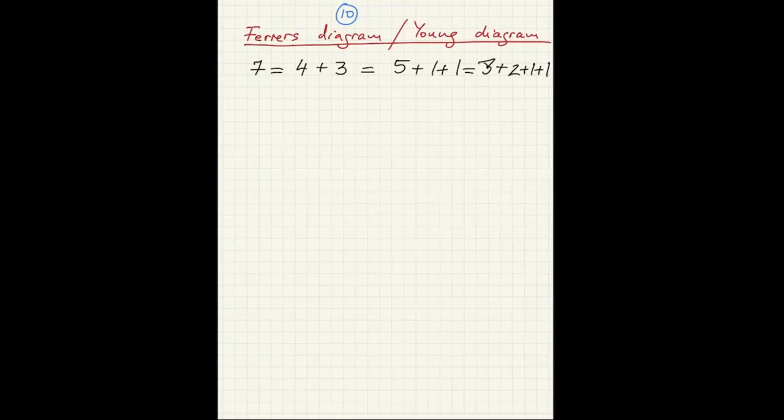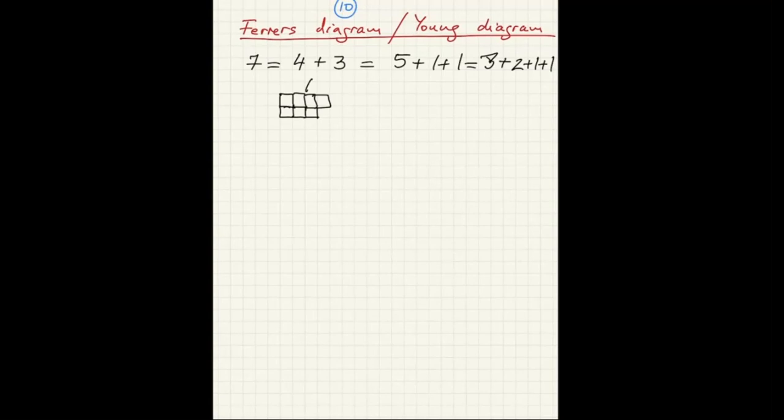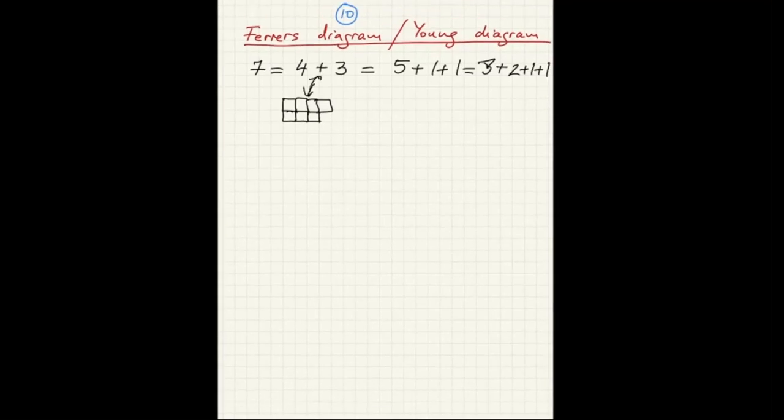So we order the terms of the sum decreasingly, and then the first one is 4, so you do 4 blocks here, and below it you put the next term, which has 3 blocks. So 4 plus 3 can be represented graphically like this.